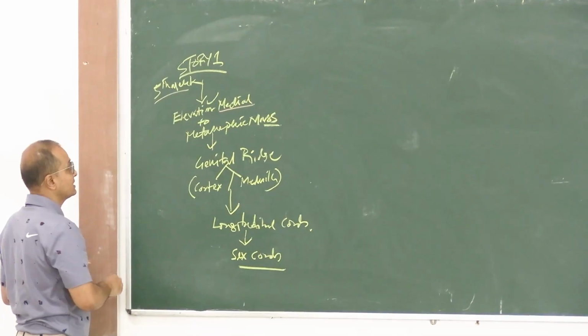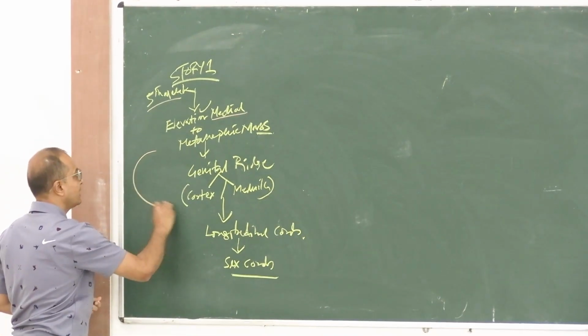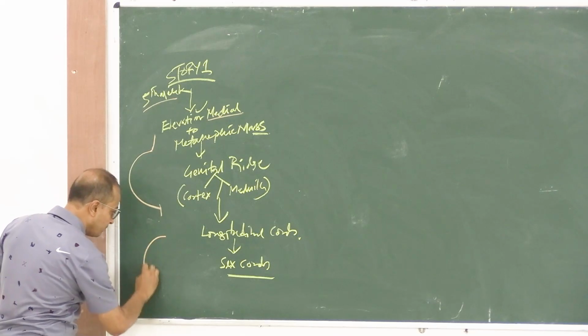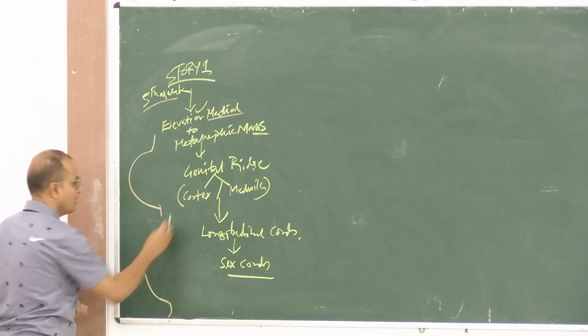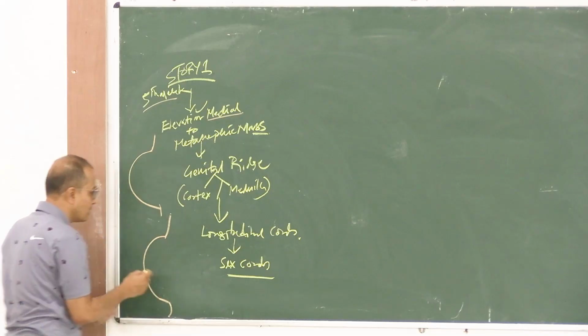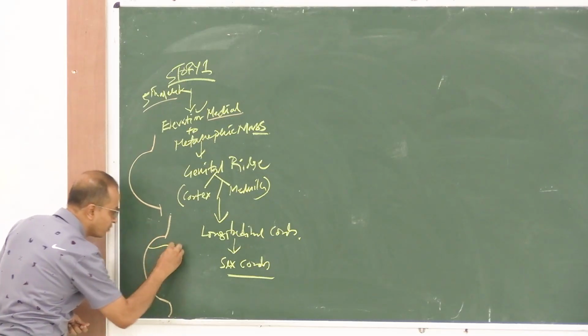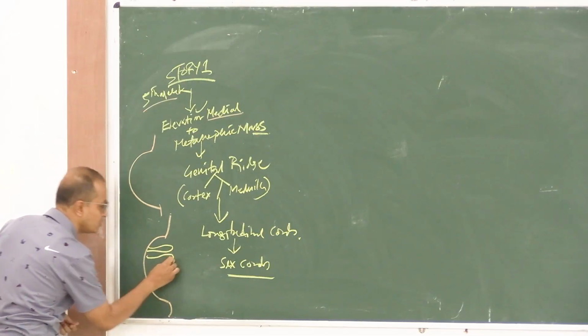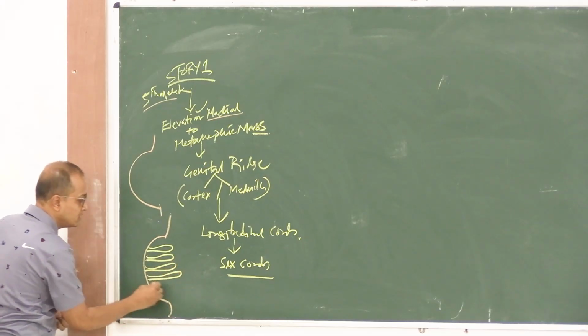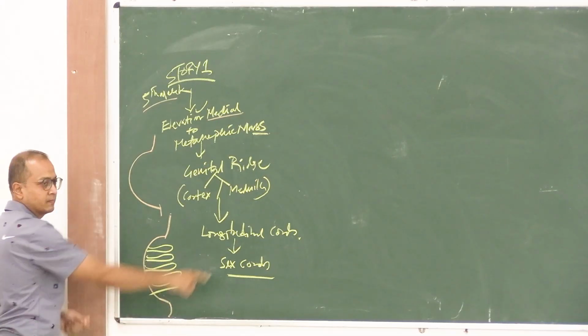If you see this genital ridge as an elevation which grows with time, from the cortex side to the medulla side we have some finger-like projections going into this substance, and these longitudinal ridges we call sex cords.